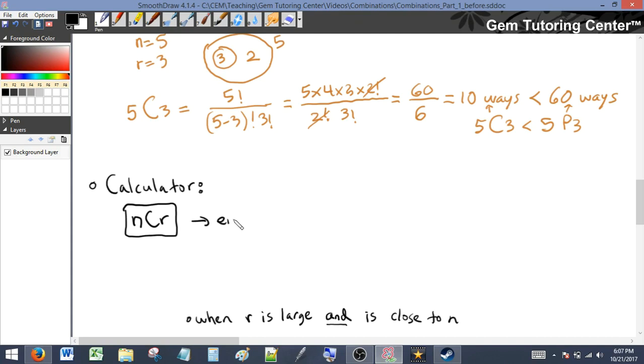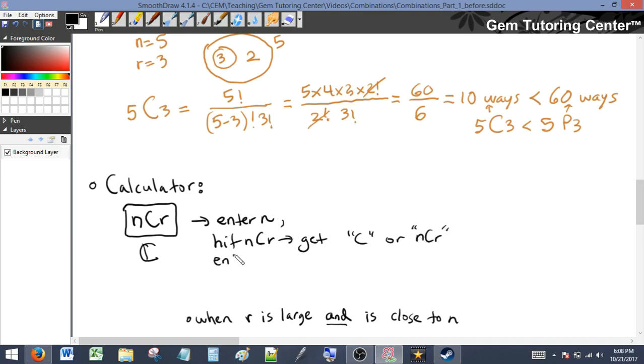Your key may not look exactly like this; you might just have a C with something like this. But generally it's NCR. You'll enter N, then hit the NCR key, and you might get a symbol like C, or it'll just say NCR, in your calculator display.